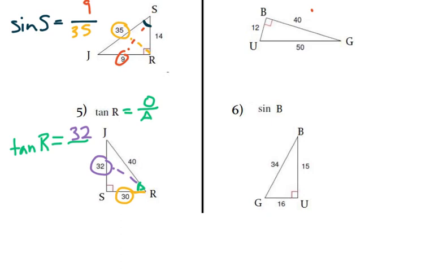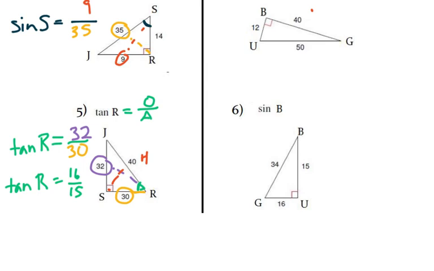Now, the reason we're using the 30 instead of the 40 is because the 40 is across from the right angle, so the 40 is always the hypotenuse here. And then we can reduce this. So tangent of R, if I divide by 2, I'll get 16 over 15.